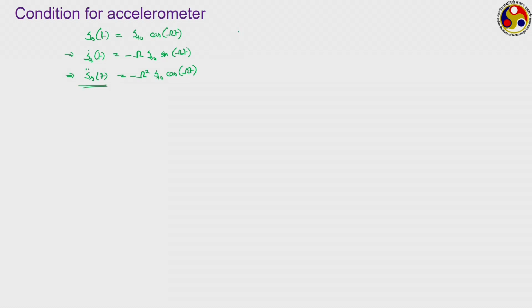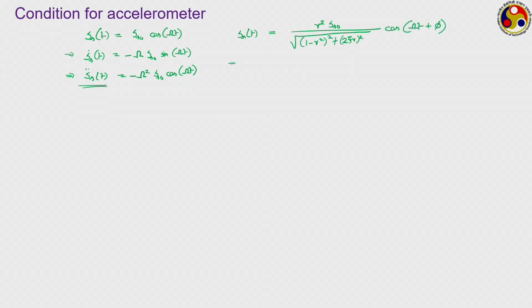So, the resultant that we have got is R(t), that was r square into S_S0 by root over (1 minus r square) whole square plus (2 zeta r) whole square, cos of omega t plus phi. If we differentiate it with respect to time once, like we got in the previous slide, we get R dot(t).